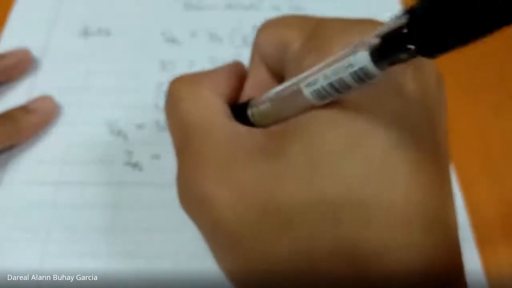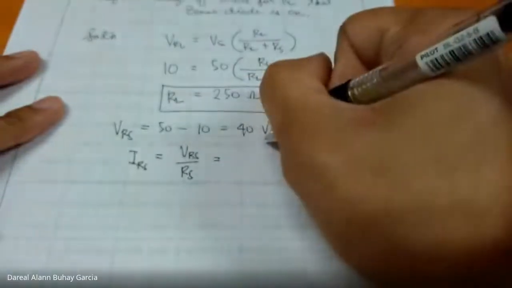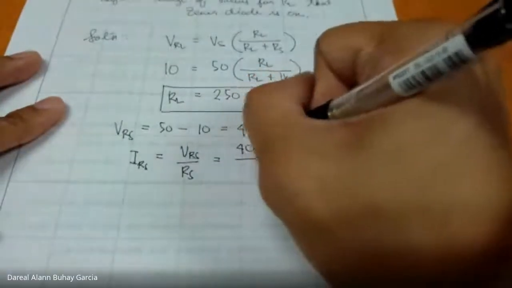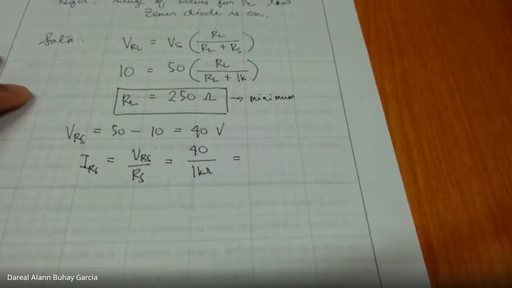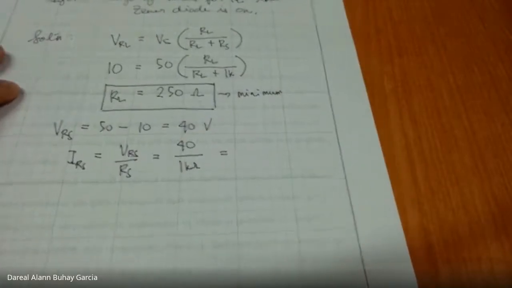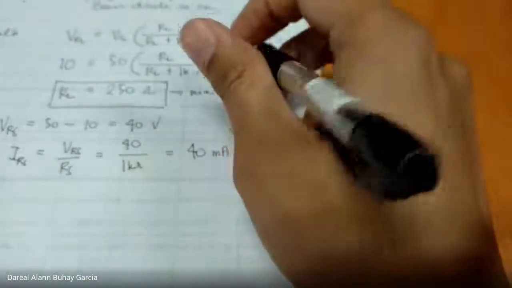Current IRS is equal to V over R, VRS over RS. VRS is 40 over 1K, which is 40 milliamperes.